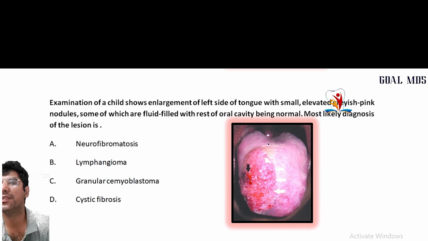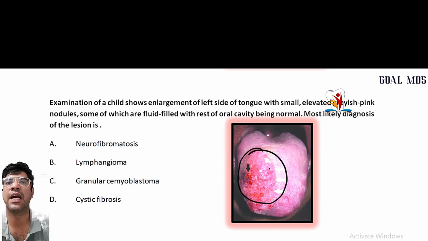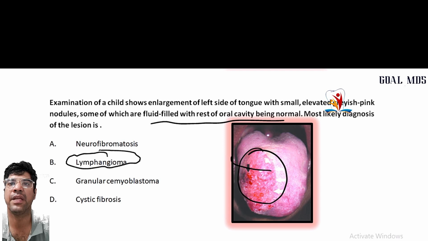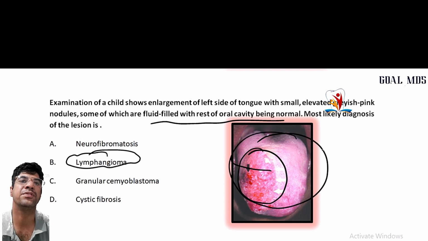The next question. The examination of a child showed diffuse enlargement of the left side of the tongue with small elevated grayish pink nodules, which are fluid filled, with the rest of the oral cavity being normal. So the most common diagnosis will be lymphangioma.